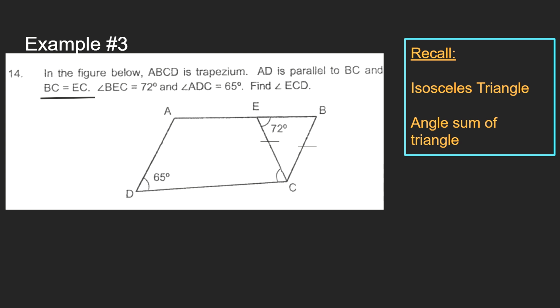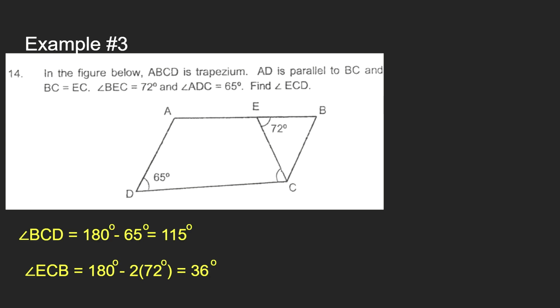Angle sum of triangle. Since BC equals EC, angle CEB equals angle CBE, so it's the angle sum of an isosceles triangle to be specific. Our angle ECB is just 180 degrees minus 2 times 72 degrees. Why 2? Because CEB equals CBE.